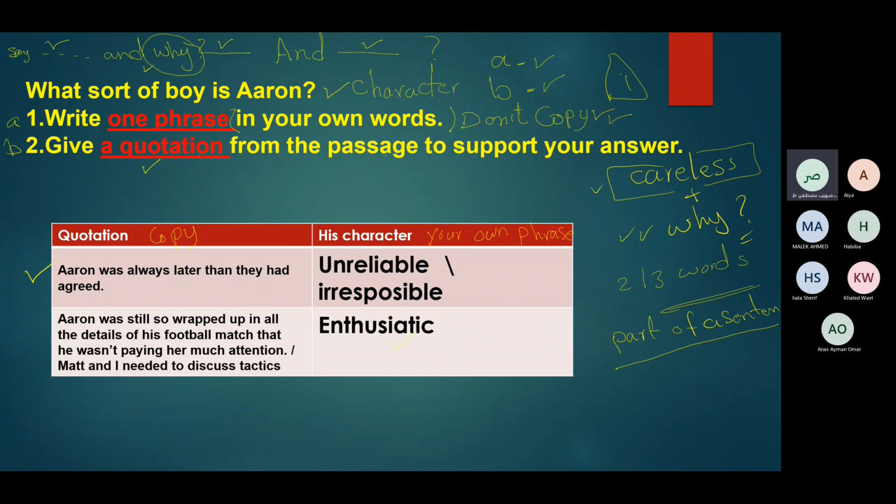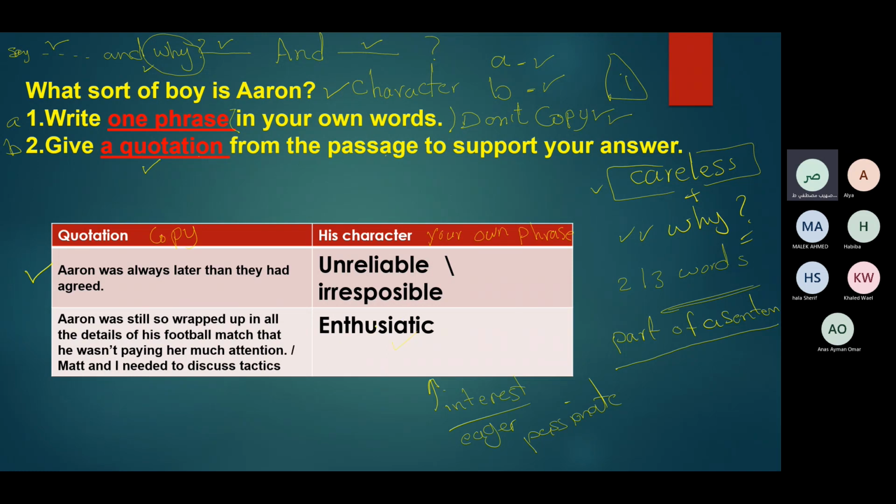I can also say that Aaron is enthusiastic. Enthusiastic means very interested in what he likes. Eager, okay? Passionate. How do I know that he is enthusiastic or interested in what he likes?